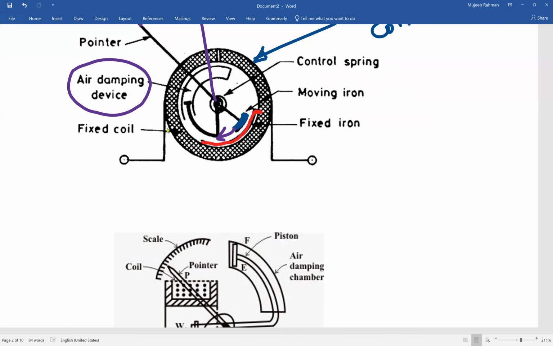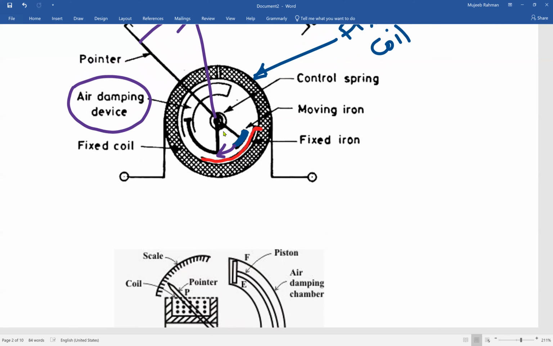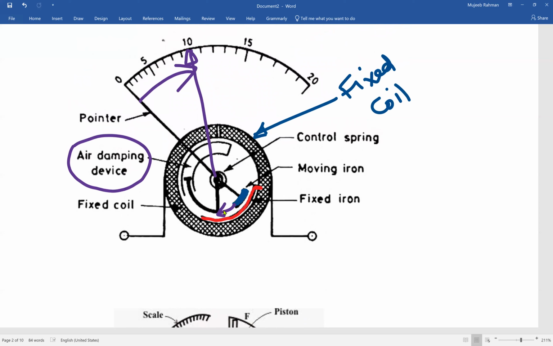Both are magnetized by the fixed coil. Then a repulsive force is experienced between these two soft magnetic pieces. As a result, the moving system tries to move or deflects, which also causes the pointer to move over the calibrated scale.